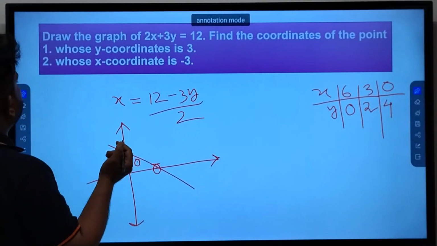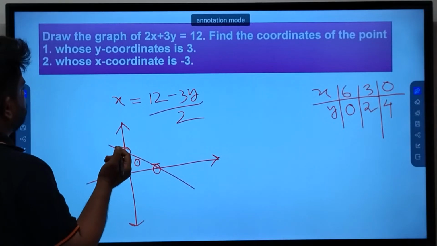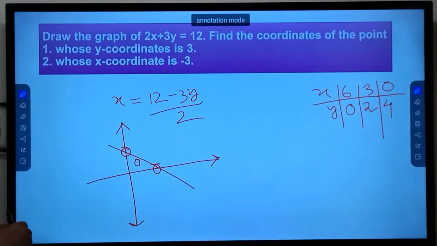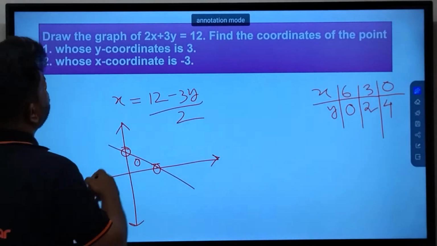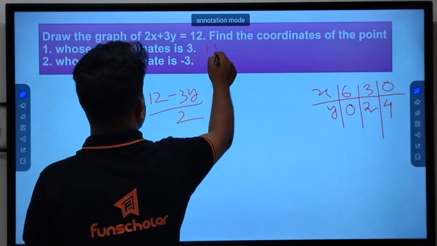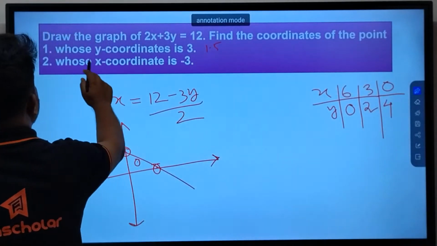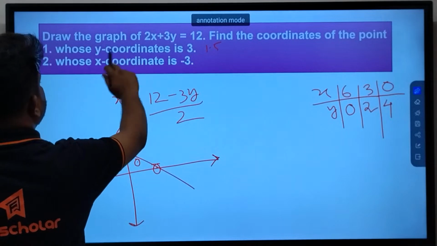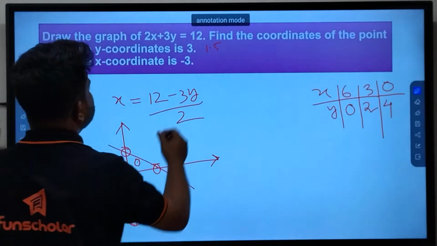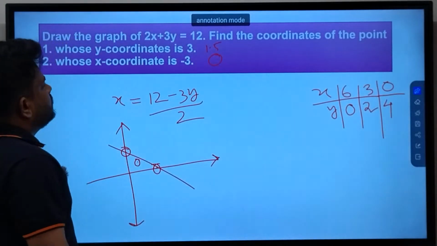Find the coordinates of the point whose y's coordinate is 3.